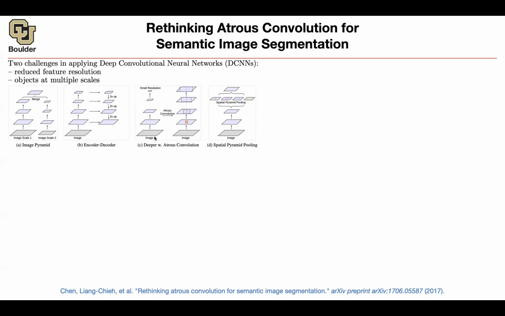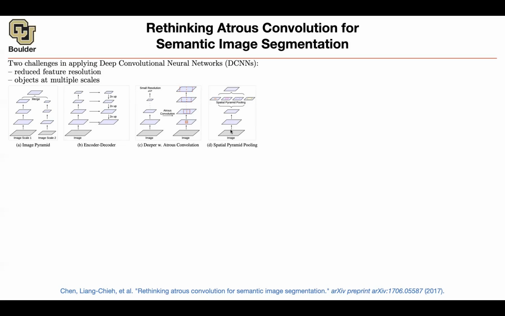Another one is if you want to end up with a higher resolution feature map after a couple of layers, rather than using plain vanilla convolutions, use convolutions with holes, or Atrous convolutions, dilated convolutions. And you're going to be able to preserve, or at least end up with, a higher resolution feature map in the end.